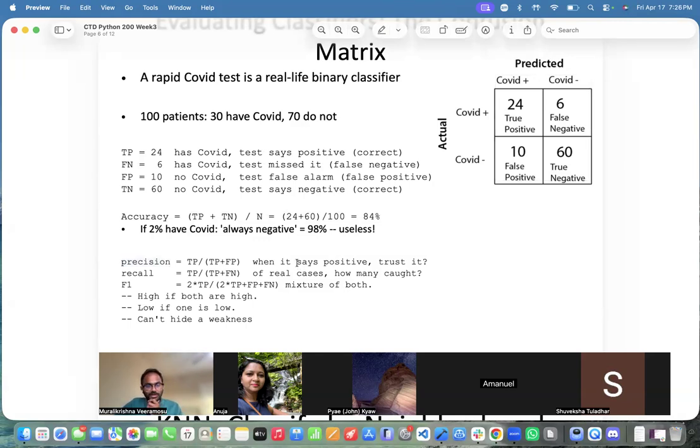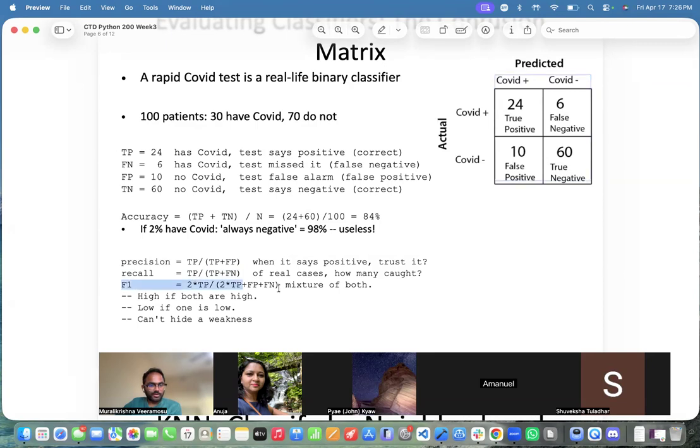So for a good classification model, precision should be high, accuracy should be high, and recall also should be high. So recall is basically, of real cases, how many it caught, right? It's true positives divided by true positives plus false negatives. This is the formula for recall.